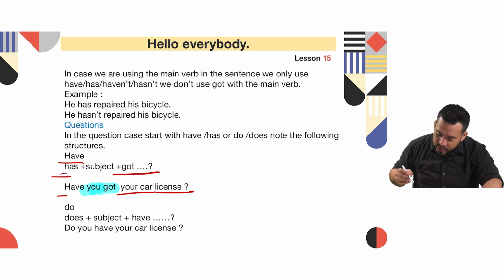Now, if we don't have got and we just have, then we will use do. So it will be, do you have your car license? And we will just remove the got, and have will be after the subject. So, have you got your car license? Do you have your car license?